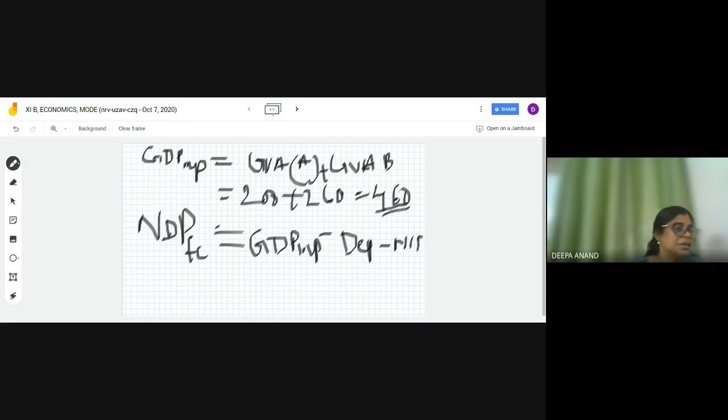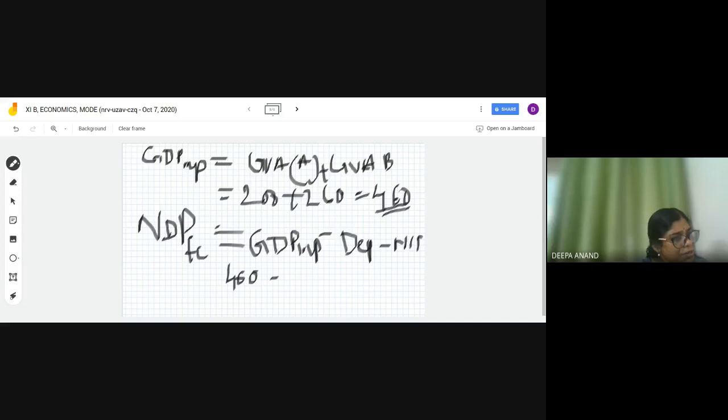And substitute. Is taxes given? Yeah, taxes. Indirect tax paid by both the firms. That's why it is given, because it is the aggregate. It's not like firm A and B. So it is given, indirect tax paid by both the firms, 75. So you just apply in this formula: 460 minus depreciation.